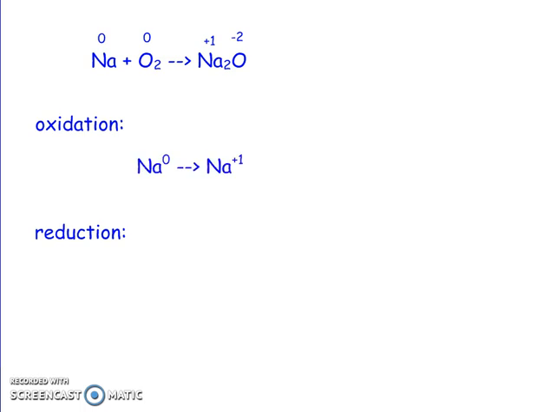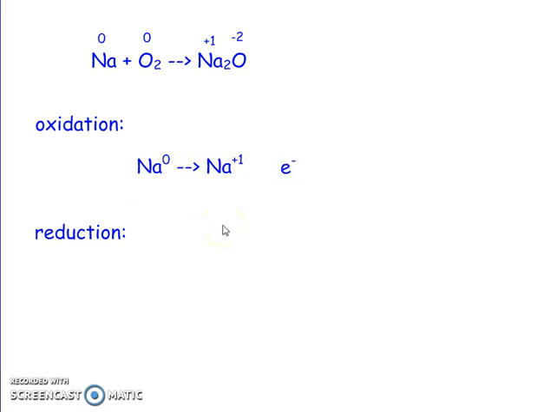So for our half reaction, we take the sodium as it starts, arrow, the sodium as it ends up. But we also need to have a balance of charge. So the difference between oxygen and sodium is only 1 electron. So I know I need to write electron in the equation somewhere, but does it go on the reactant side or the product side?